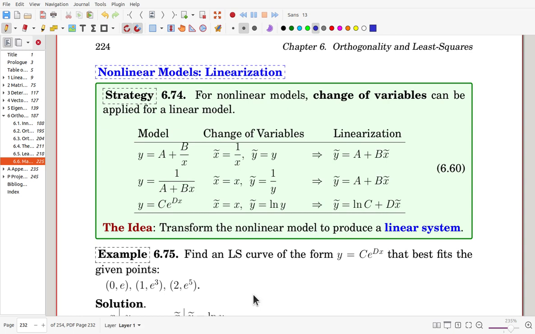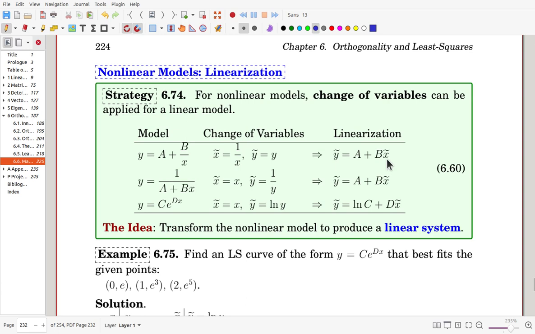For example, the model you are thinking of is y equals a plus b over x. Then we define a new variable x tilde equals 1 over x, and we don't change y, so we use y tilde equals y. Then that one will be y tilde equals a plus b times x tilde.